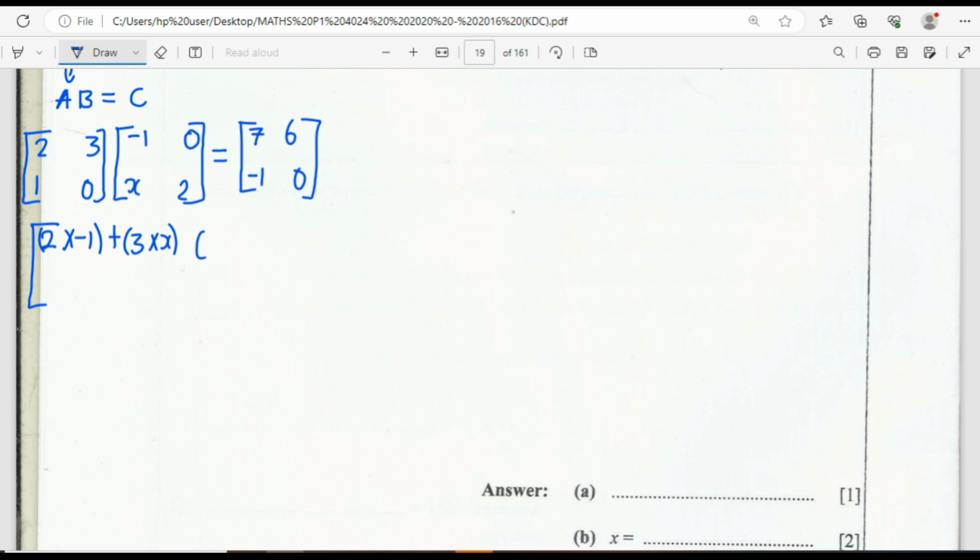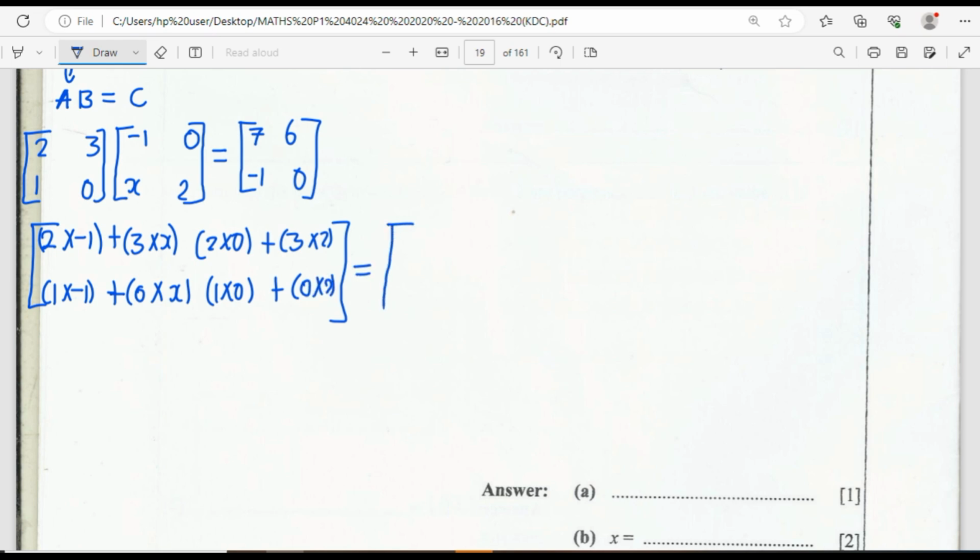We go to the second column, the same pattern. 2 times 0 plus 3 times 2. Then we go to this one. 1 times negative 1 plus 0 multiplied by x. 1 times 0 plus 0 times 2.